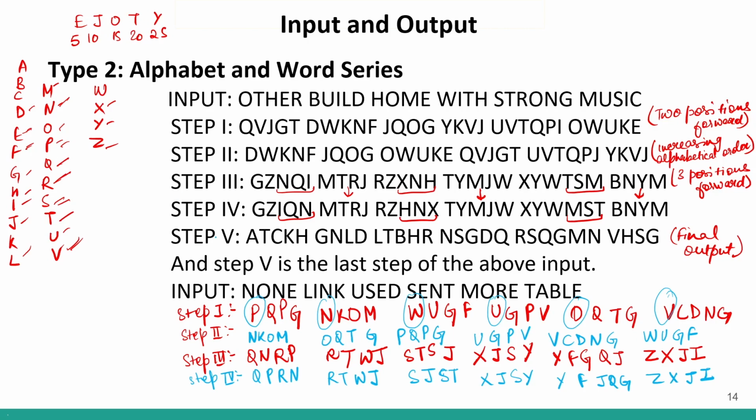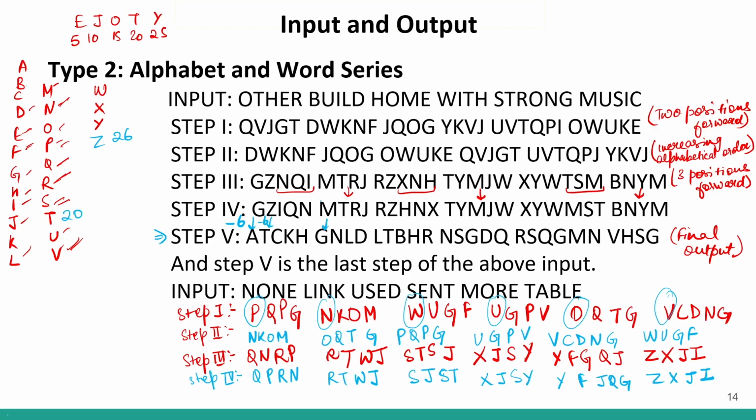Now coming to step 5. Step 5, I can take any alphabet and see what is the logic. From G to A if I go, 1, 2, 3, 4, 5, 6. This is minus 6. Correct? From Z to T, Z is 26, T is 20. These are your forward ranks. So, this is also minus 6.